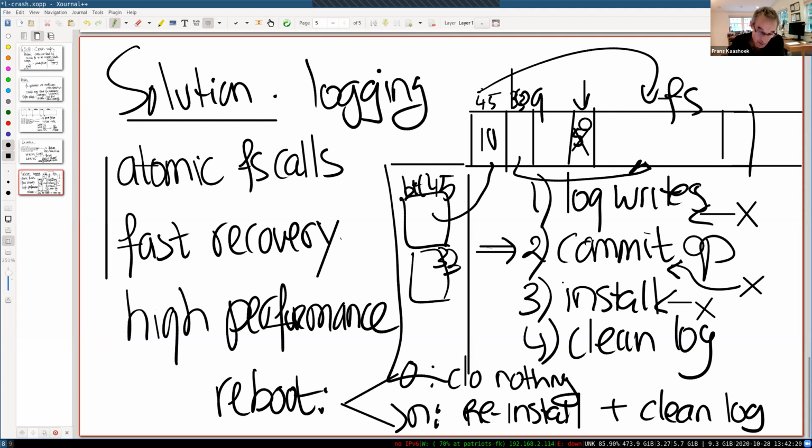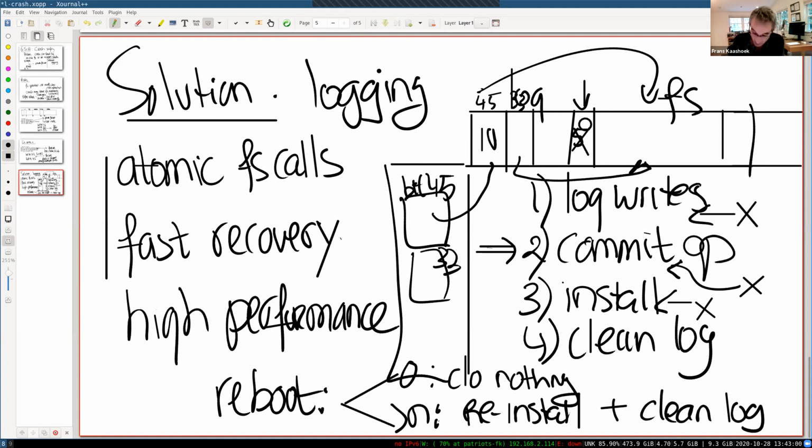The sector will never be written partially, so there's always valid data in that sector. So writing the log header, the commit record, is the real commit operation. If that succeeds and there's, say, a 5 in the commit header, we know that there are 5 blocks in the log and we have to reinstall those 5 blocks. If the commit header didn't make it to disk, then the value will still be 0, and we'll treat it as if the transaction never happened.